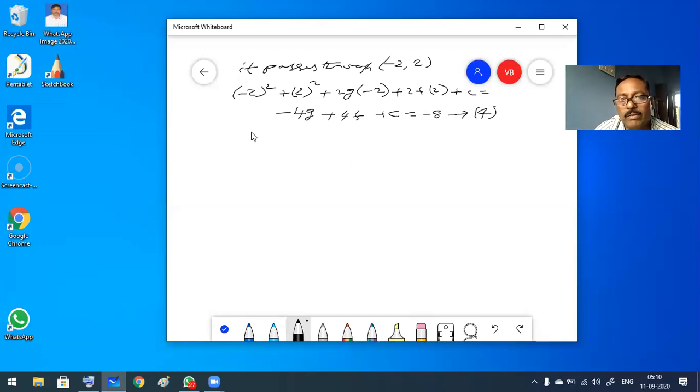What is the second equation? 2g plus 2f plus c is equal to minus 2. And what is the third equation? Minus 12g plus c is equal to minus 36.